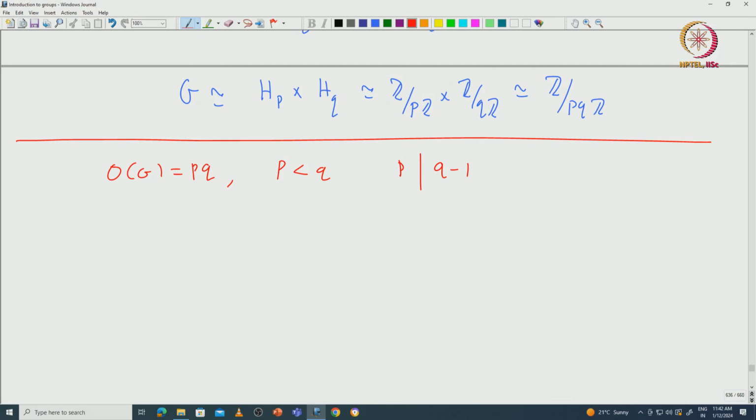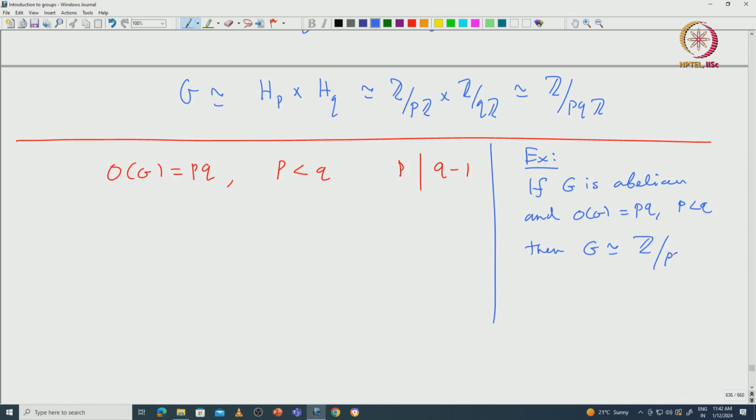Okay. Because maybe this is something you can check independently. So the exercise: if G is abelian and the order of G is PQ, P less than Q, then G is isomorphic to Z modulo PQZ. Why is that the case?